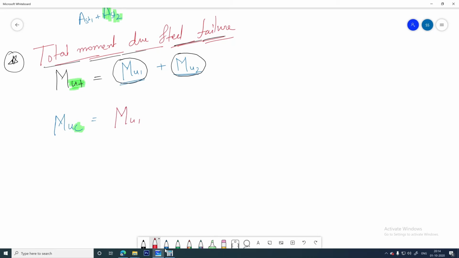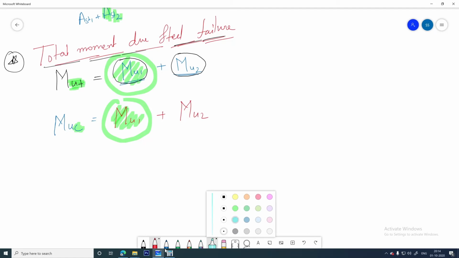First one is Mu1 plus Mu2, but in this case Mu1 will be the same as before. These two are the same whether you determine the moment due to the steel failure or concrete failure. For both the cases Mu1 will be the same. The difference is only in this Mu2.